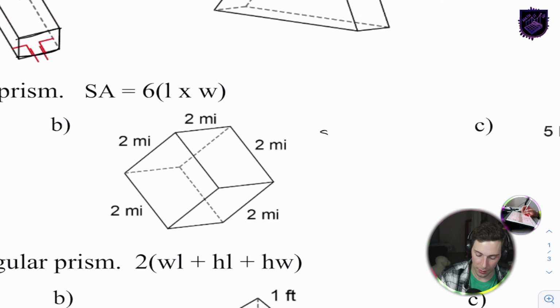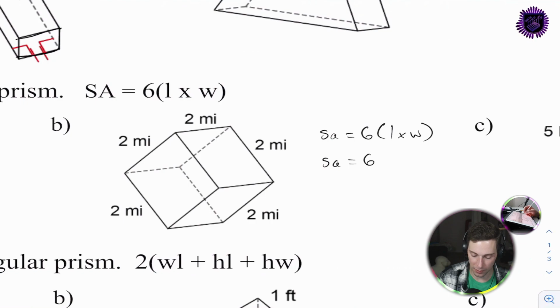Okay, surface area will be equal to 6 times length times width, right? So the area of one of the faces times 6. So we have surface area is equal to 6 times 2 times 2. Surface area is equal to 6 times 4.